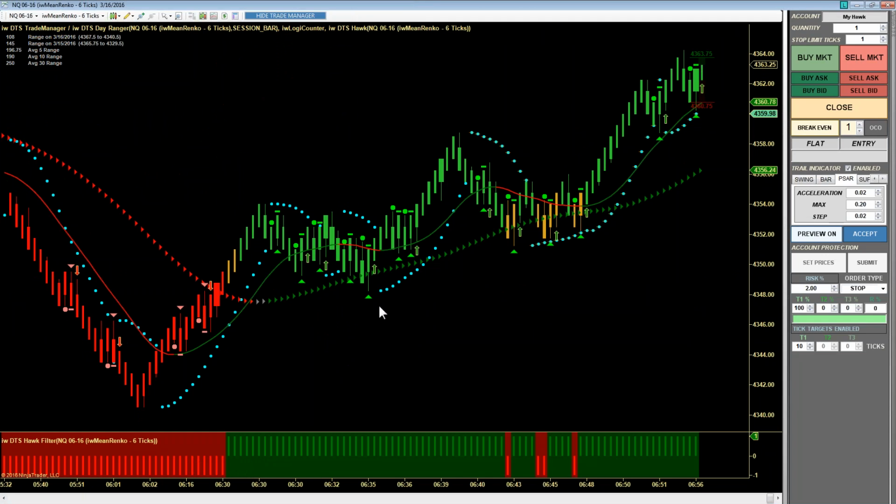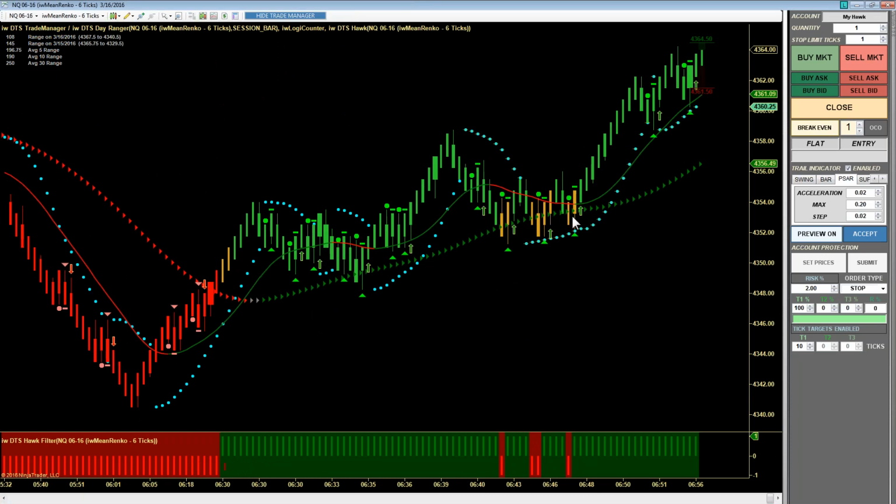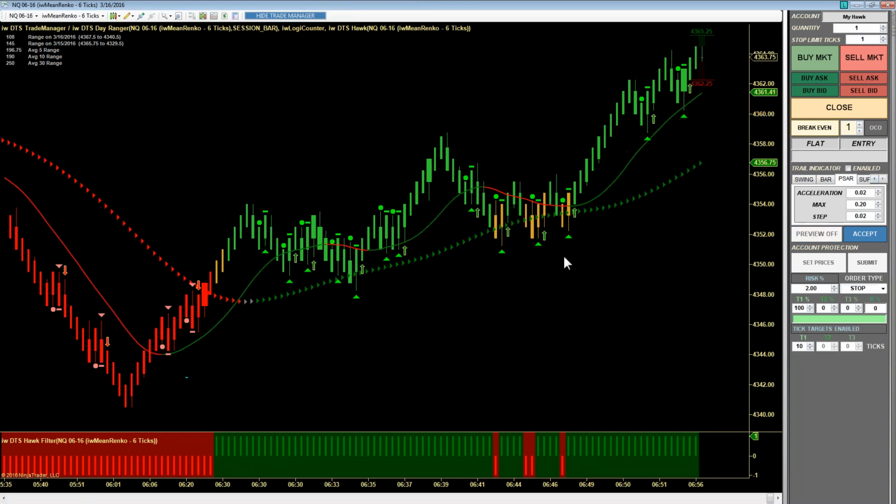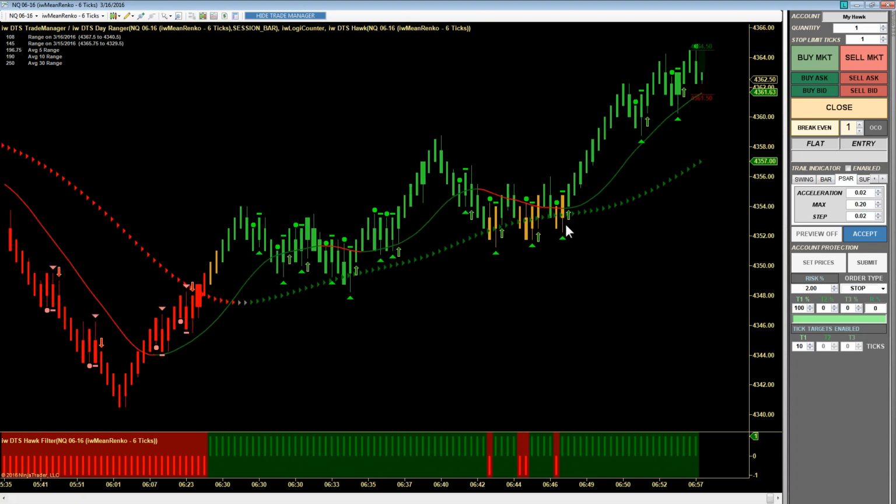So here was our macro pullback signal on the hawk trade. That ran up a little bit. These yellow bars we pretty much ignore, except it did form a 4-arrow consolidation, which is a high probability signal. It's actually the only signal I'll take on a yellow bar with the hawk. Yellow bars are neutral by definition, so we avoid them unless we get 4 of them printing in a row.